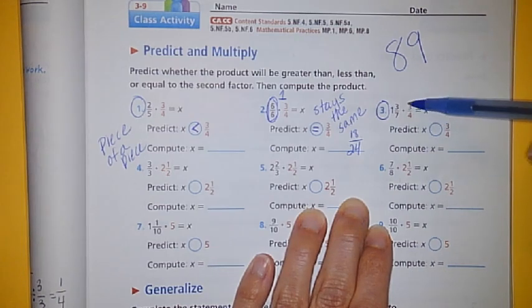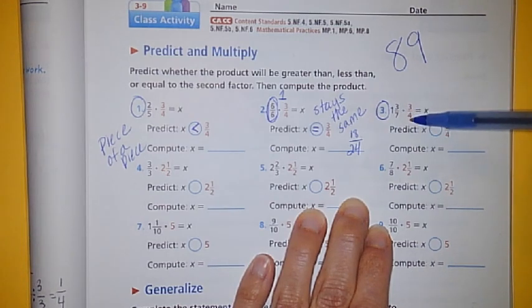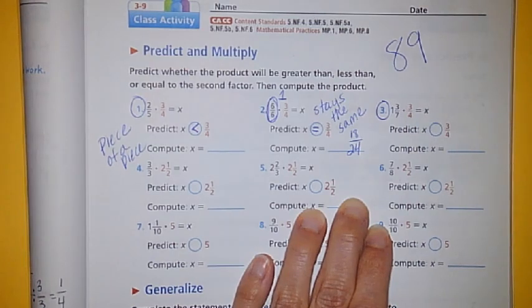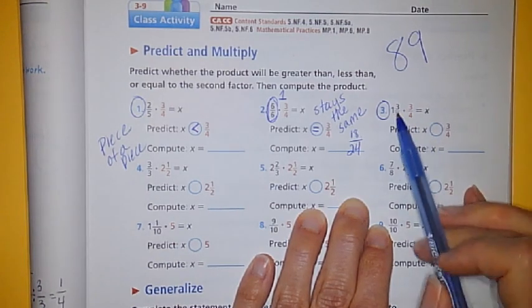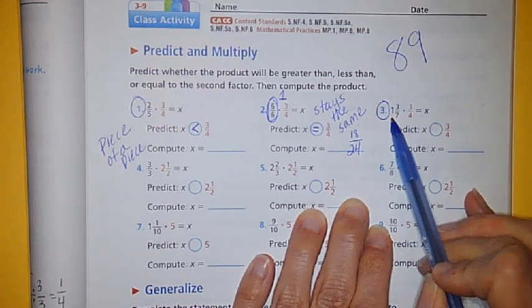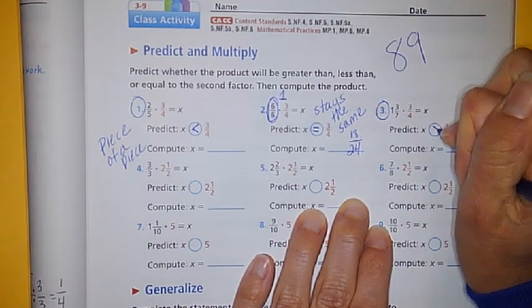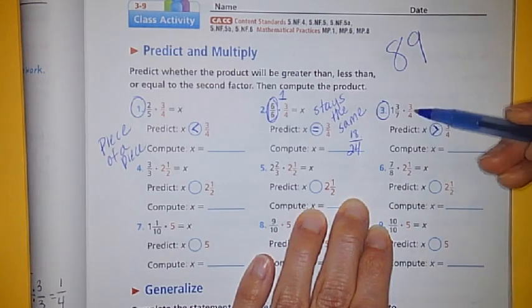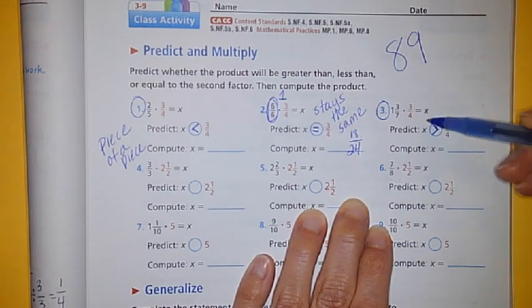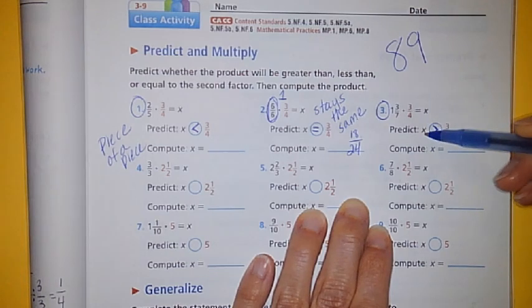So we're already keeping this 3/4 and then just adding to it an extra piece. So whenever we multiply by a mixed number, the product is going to be bigger than what we had in the original problem. So 3/4 is going to be smaller than what we end up with, which is the x.